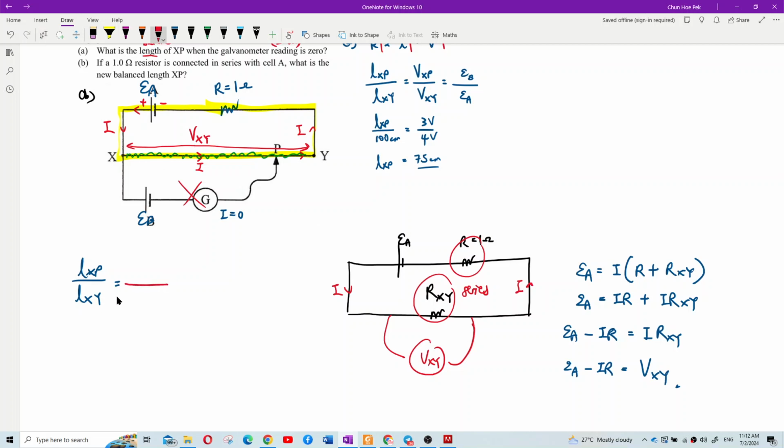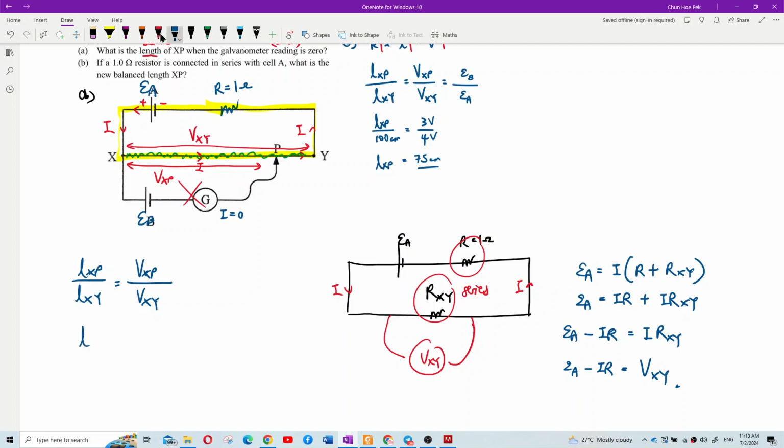So over voltage XY, the top here is voltage XP.